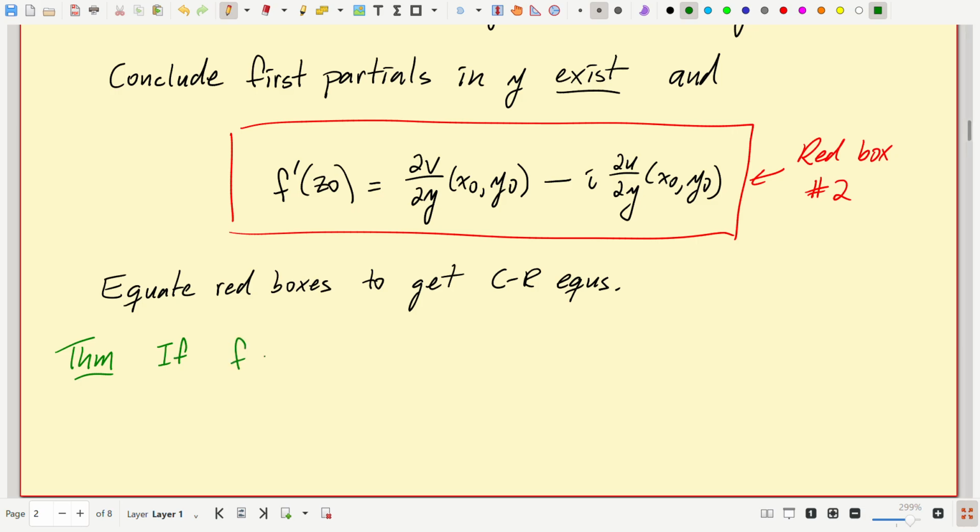If f equals u plus iv is c differentiable at z naught, then the first partials of u and v exist at z naught.